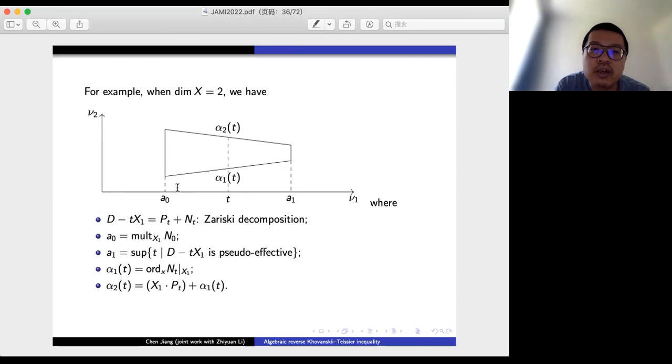You can imagine that nu_1 should be inside this interval. And what is the value of nu_2?